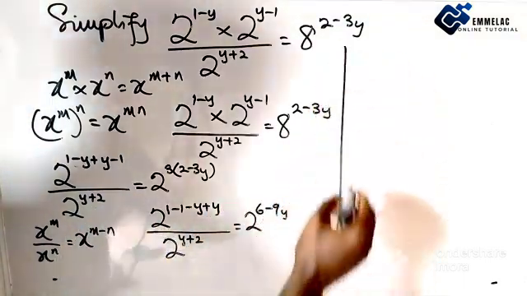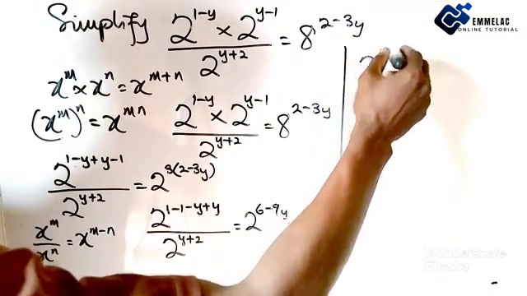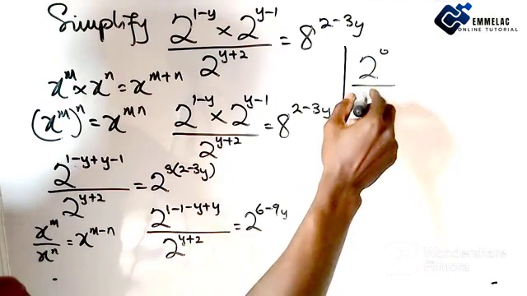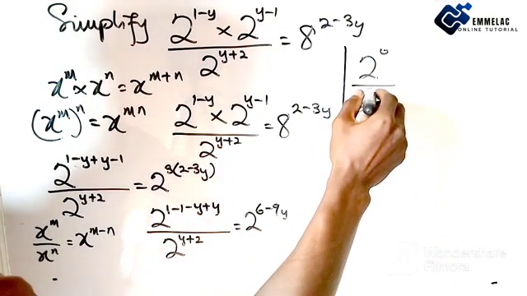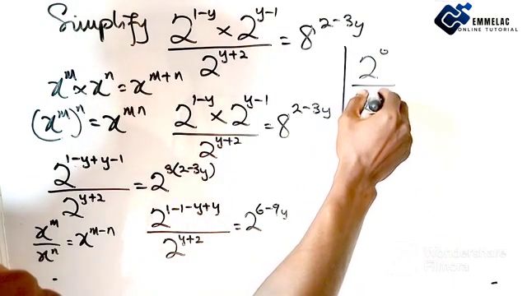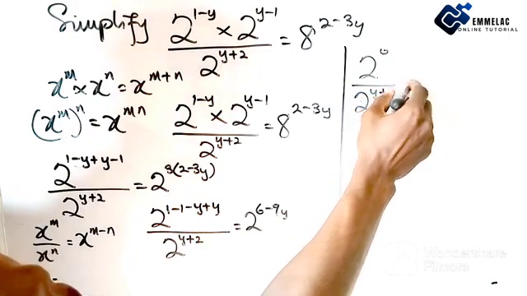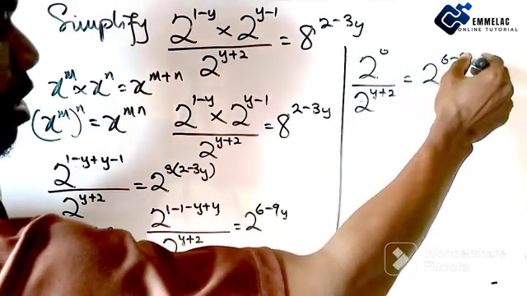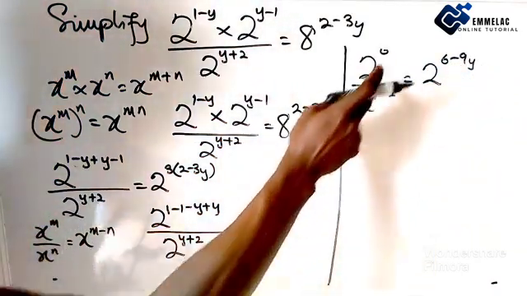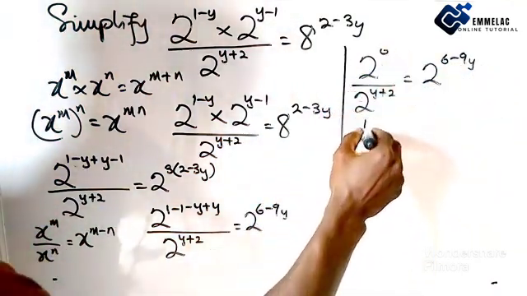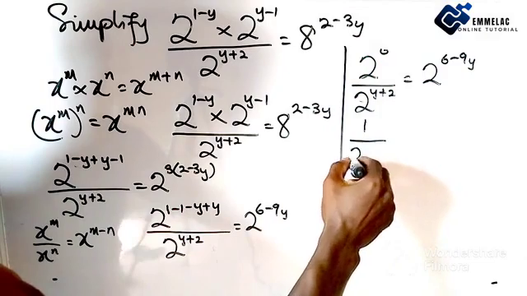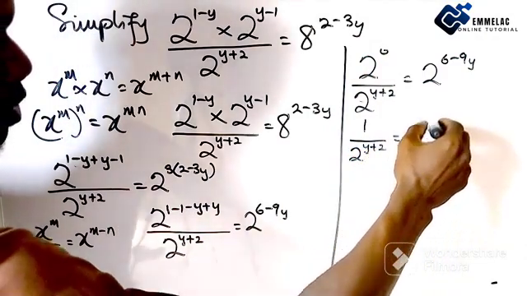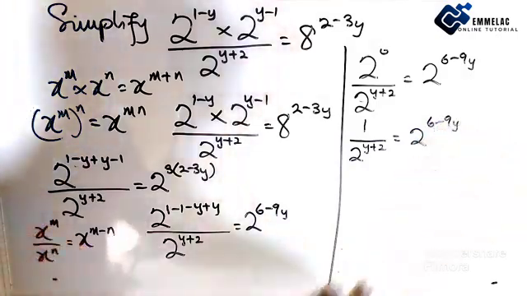So here we have 2 raised to the power 0 over 2 raised to the power of y plus 2, which is 2 raised to the power of 6 minus 9y. And anything raised to the power 0 is 1. So here you have 1 over 2 raised to the power y plus 2 equals 2 raised to the power 6 minus 9y.